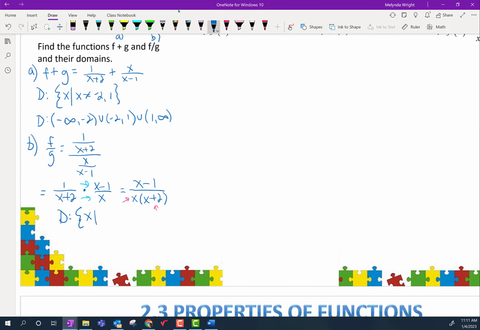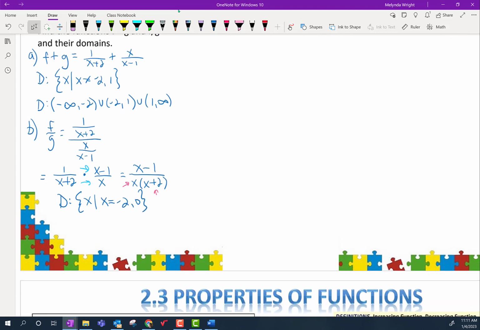Okay, and if that troubles you, just go to the side. You can say x times x plus 2 equals 0, and you can solve. You can set each one equal to 0, and you can get that way as well, instead of just doing it in your head. So we know all x such that x cannot be negative 2 or 0.